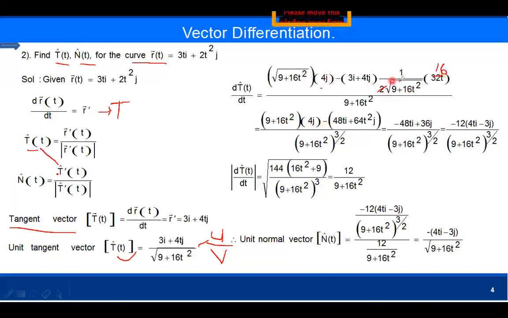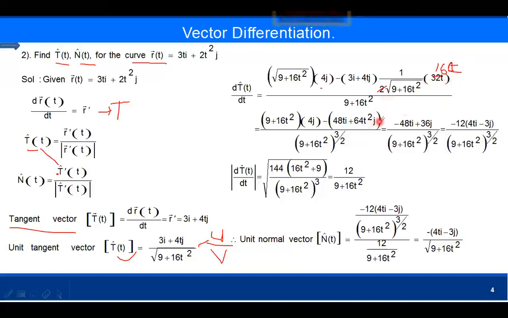That is 48, and here t is also there, sorry, we have to write t also. Therefore 3 into 16 is 48ti plus 4 into 16 is 64, into t into t square j.